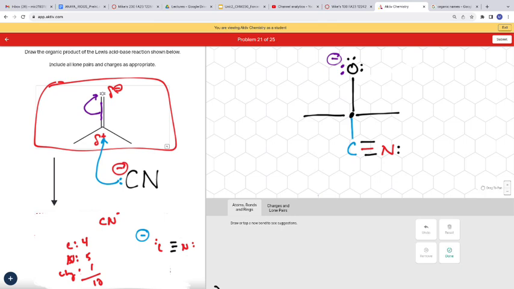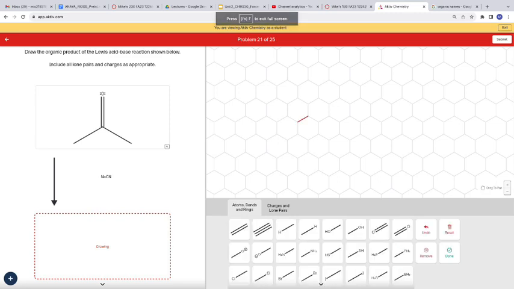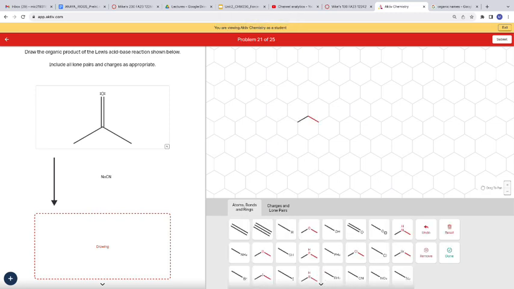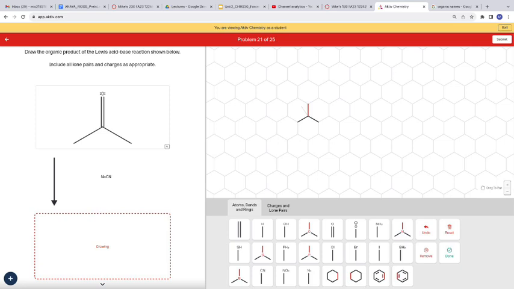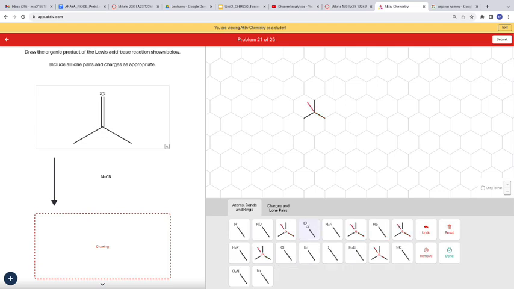Okay? So, within this, what I was hoping to see when drawing this out, it doesn't let me draw it where I want to draw it. I've got my O negative.